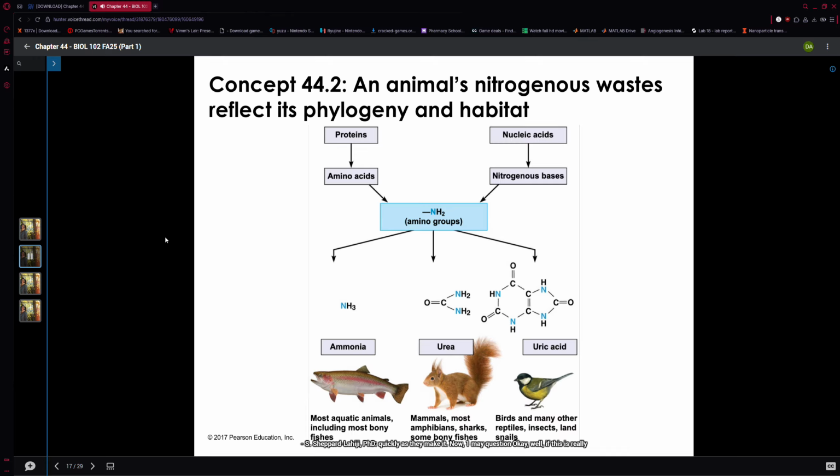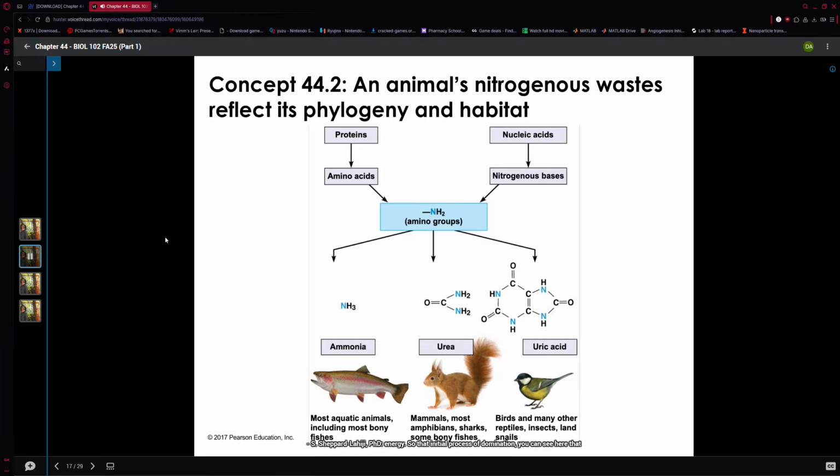Now, one may question, okay, well, if this is really toxic, why are they generating it in the first place? But a benefit to that, because we're thinking about how their waste reflects their habitat, is that if they generate this toxic waste, they're actually using very little energy.